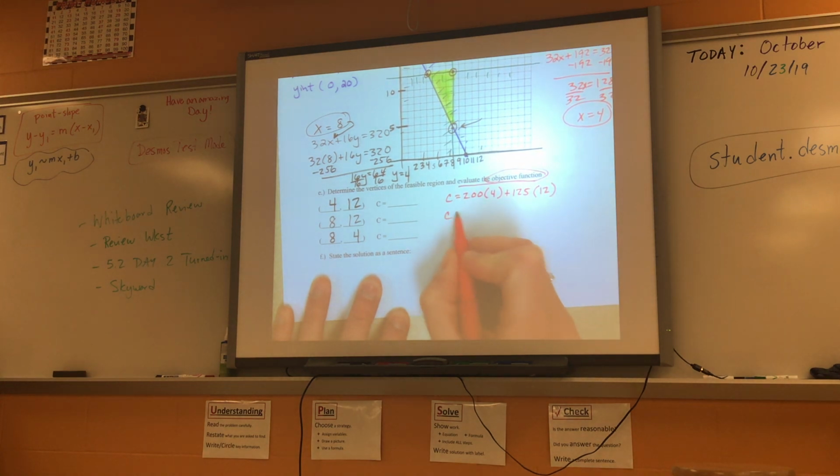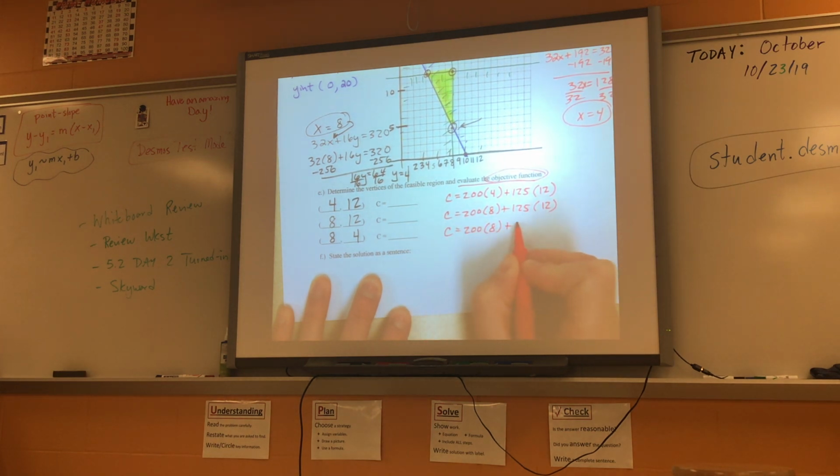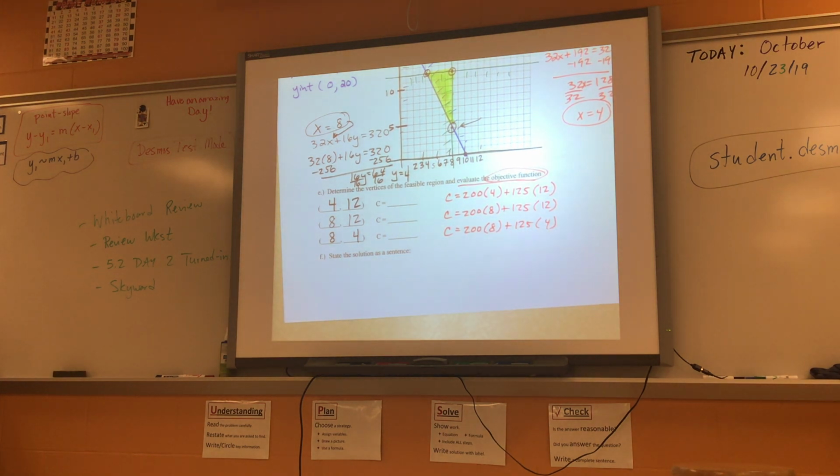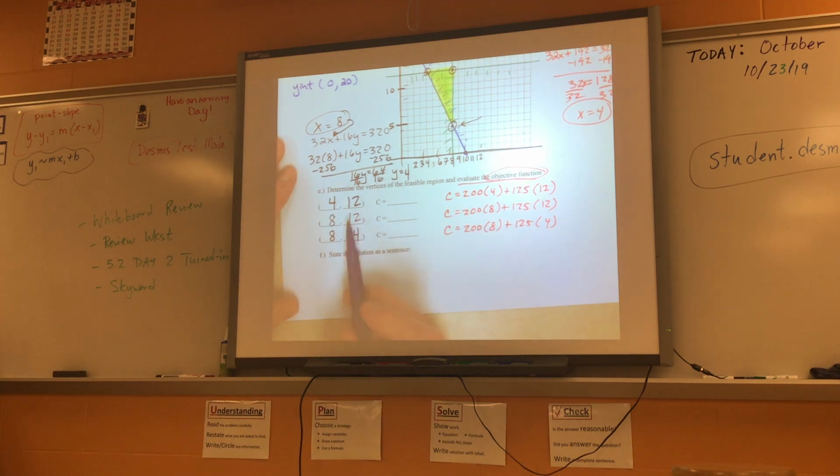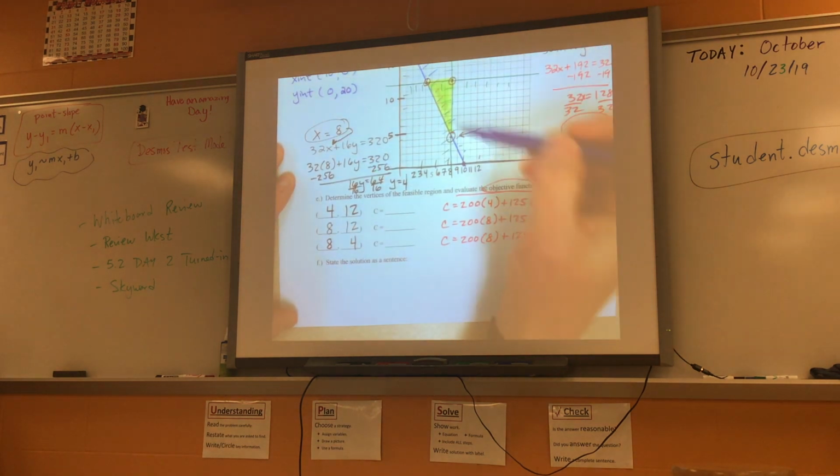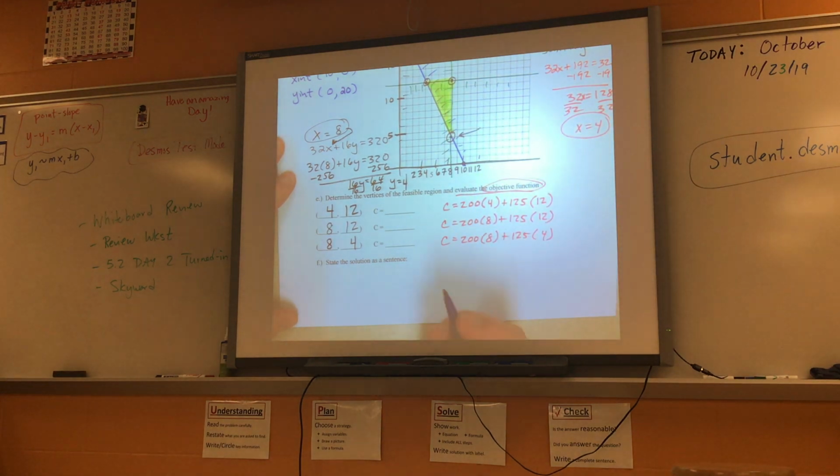And we're going to do that for all of them. I'm just going to fill these in right now. Then you can use your calculator to figure out what the cost would be for these different vertices around the corners.